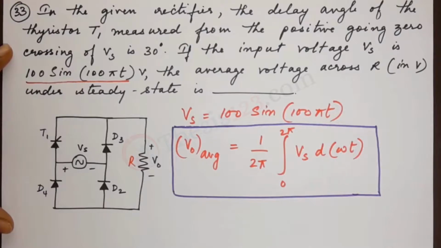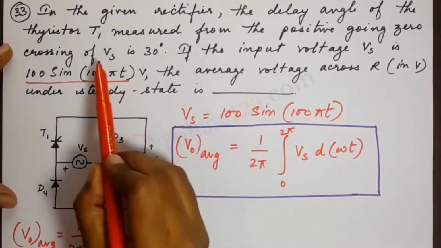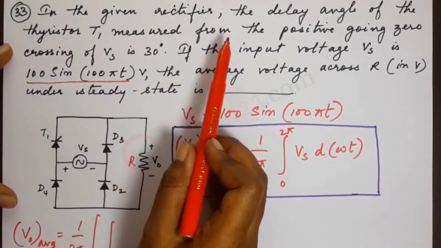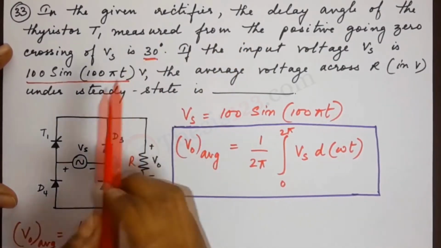Now let's substitute what Vs is. V0 average is equal to 1 by 2 pi into, now the question says that the delay angle is 30 degrees.